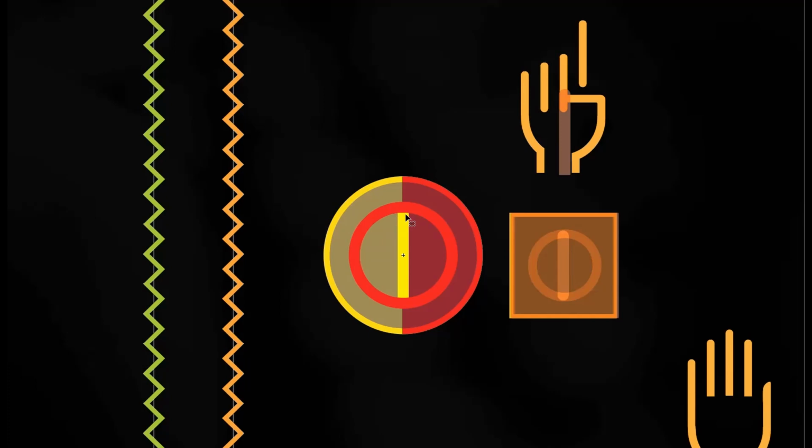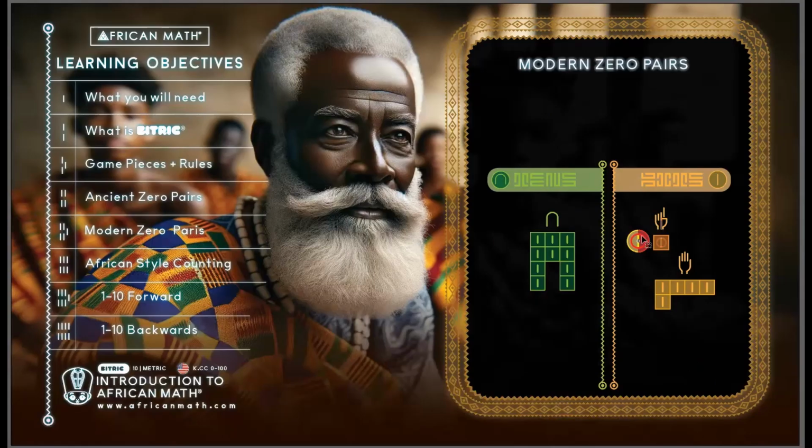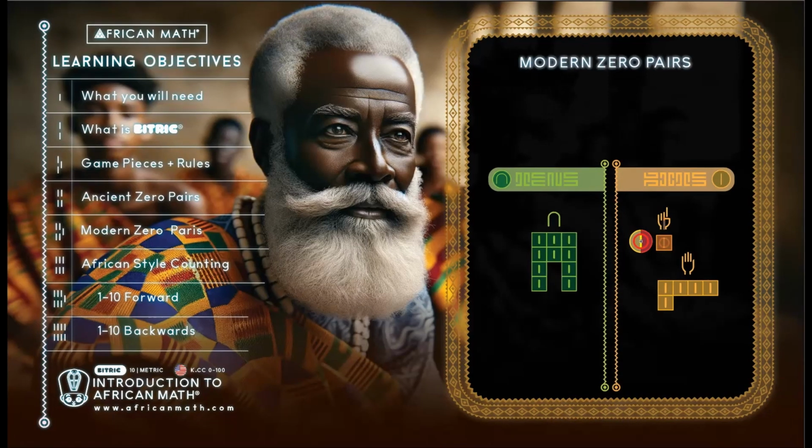The reason we use yellow as our positives is because later when you get into our algebra system, the algebra tile system uses yellow units, green tens, and blue hundreds.